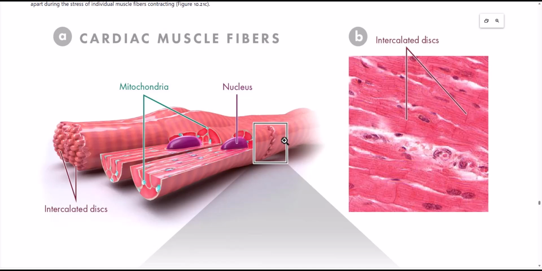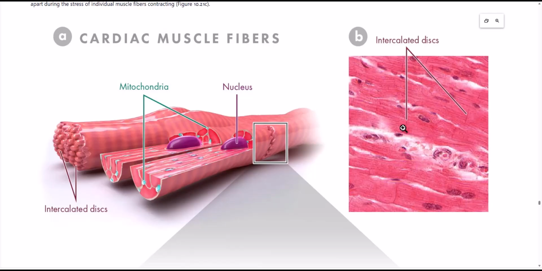In this diagram, we are seeing this squiggly line. This squiggly line represents the intercalated disc. Again, we see lots of those mitochondria embedded in the muscle cells, and we see that there's not multiple, but usually only one nucleus per cell. We also see the branching of the cells.